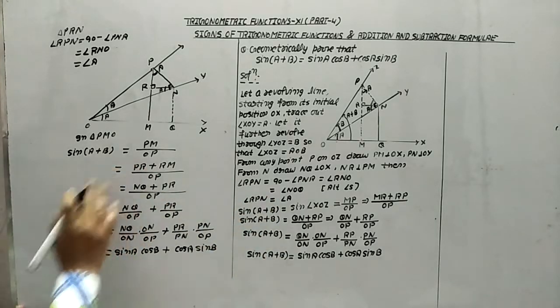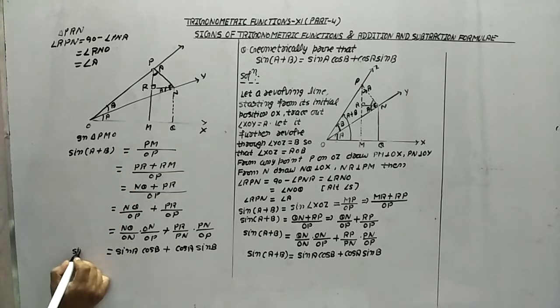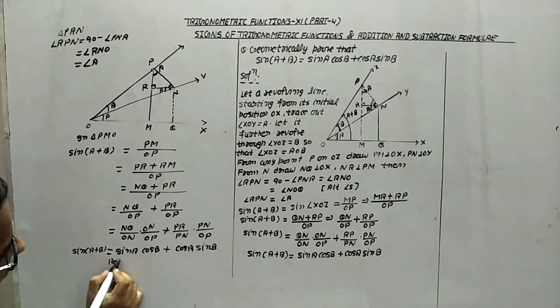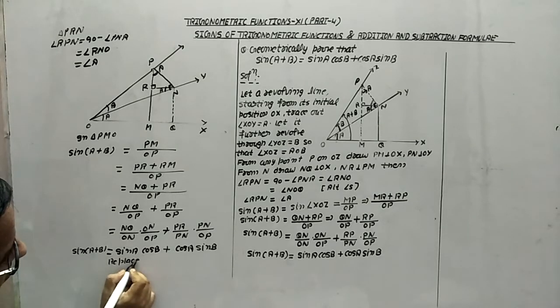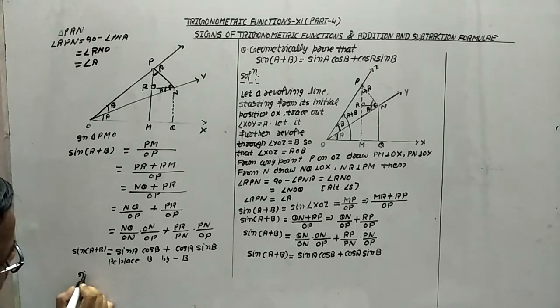Now if we have to prove sine A minus B, in this relation replace B by minus B. Once you do this, what will come?